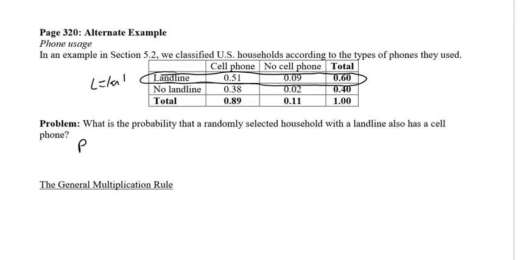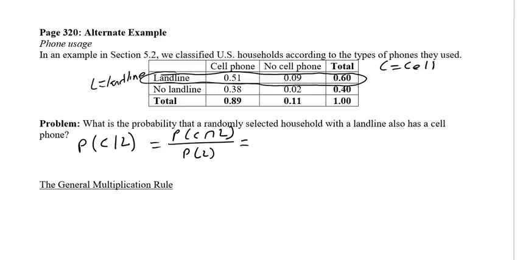Since we know they have a landline, we want to calculate the probability of C given L. So that's the probability of C and L divided by the probability of L. The probability they have both is 0.51, and the probability they have a landline is 0.60.